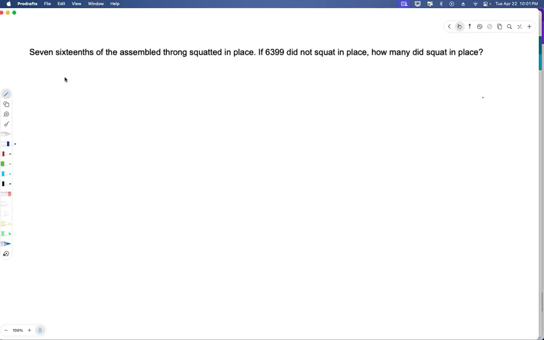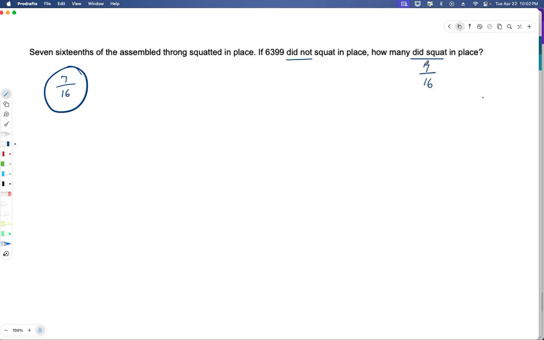All right, 7 over 16 of the assembled throng squatted in place. If this many did not squat in place, how many did squat in place? We want to know how many did, right? And 7 over 16 did.